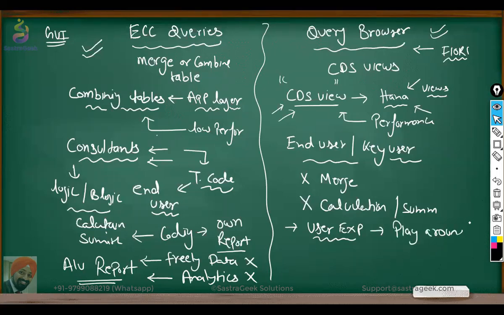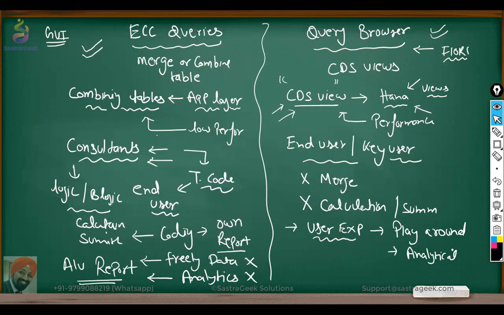With one CDS view, a user can generate 100 different kinds of reports and multiple analytical graphs to fulfill analytical requirements. So the ECC query is not an analytical tool. The query browser is an analytical tool, where you can generate analytics and play around with the data. The tables are already merged and given through the CDS view.